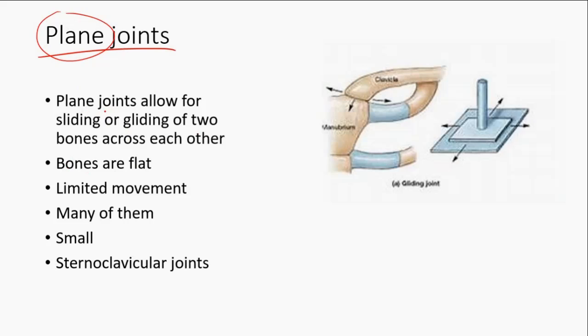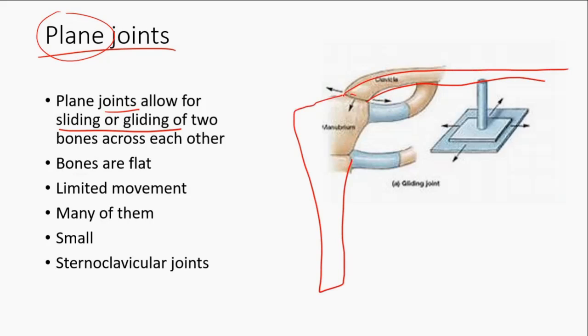These joints allow for sliding or gliding of two bones on top of each other. Normally you'll find these joints where two bones are quite flat. So if you look at your sternum here, this joint is a plane joint because these two bone surfaces are quite flat.